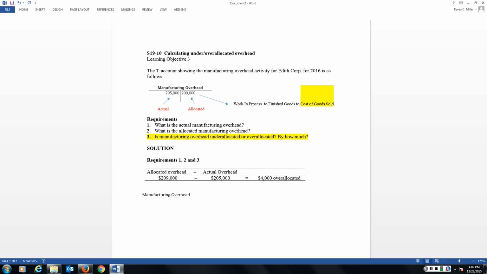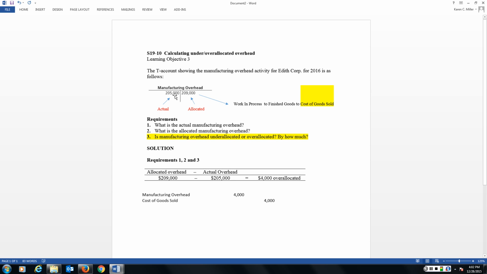If I debit it by $4,000, I need to credit something else. What am I going to credit? I'm going to credit cost of goods sold for the same amount. Why? Because I have $209,000 in cost of goods sold when it should only have $205,000.